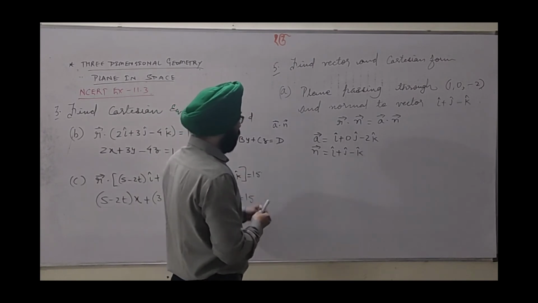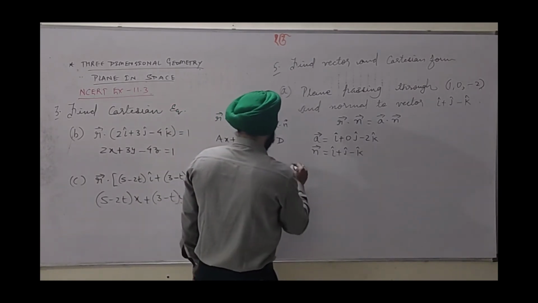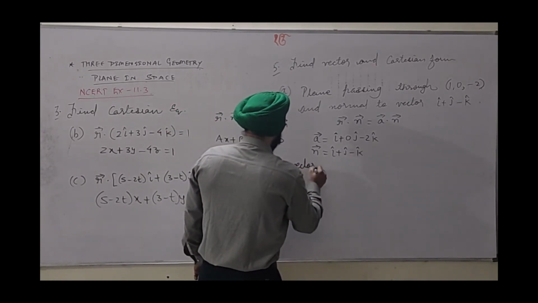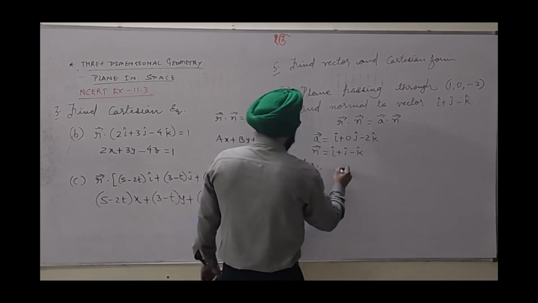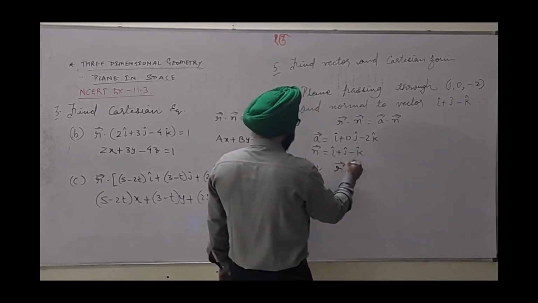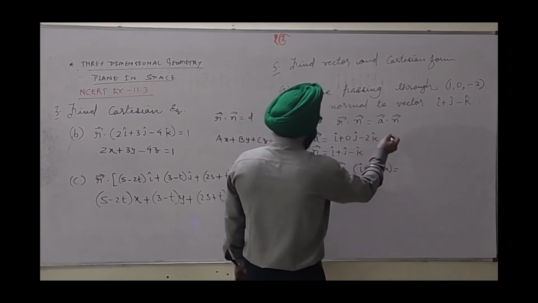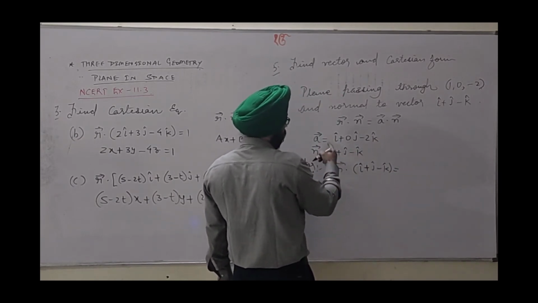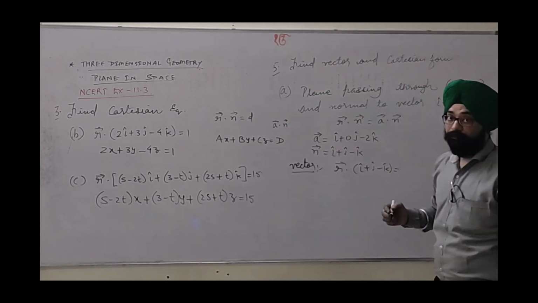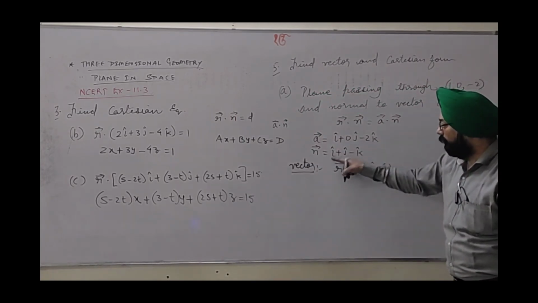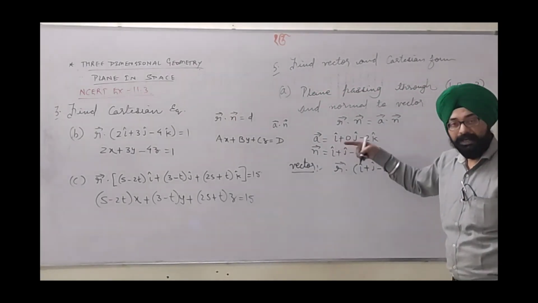So first the vector form we will write as r dot (i plus j minus k) equal to a dot n. We will take the dot product of a and n. So how do we take a dot product? I hope you remember, we multiply the corresponding components and add up.